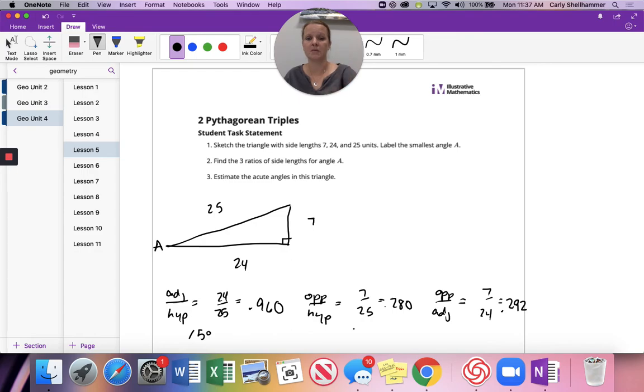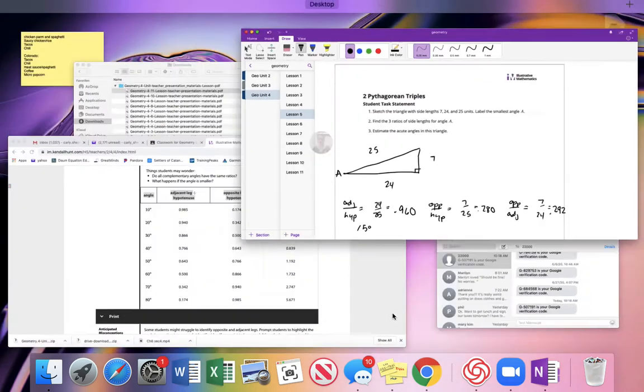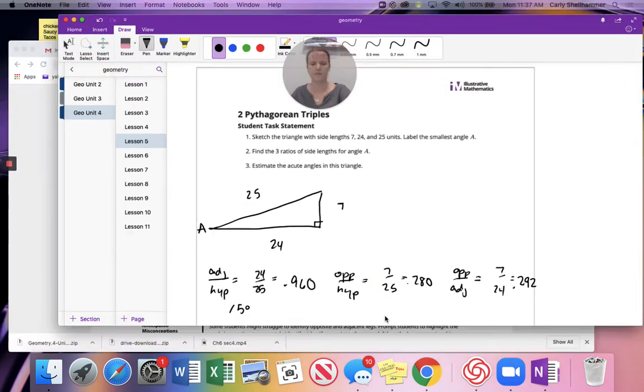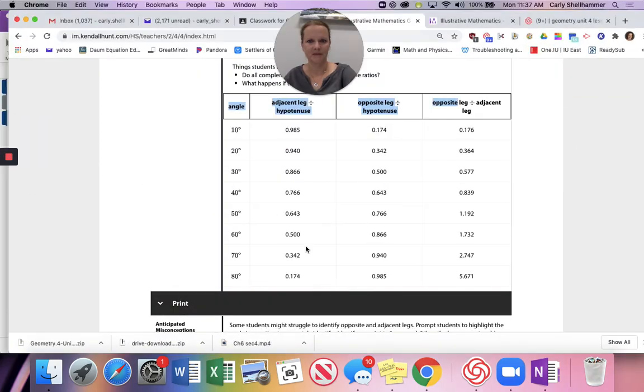Yep, so this one should be about 75 degrees. So let's go look. 0.28 is in between these two. If I came down here, 0.28 would be in between 70 and 80, about 75 degrees.